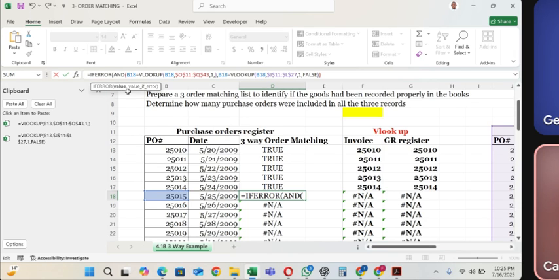Okay. Are we there? Yes. Click enter. Imekuletea nini? True, si ndio? Imekuletea true. Run down.